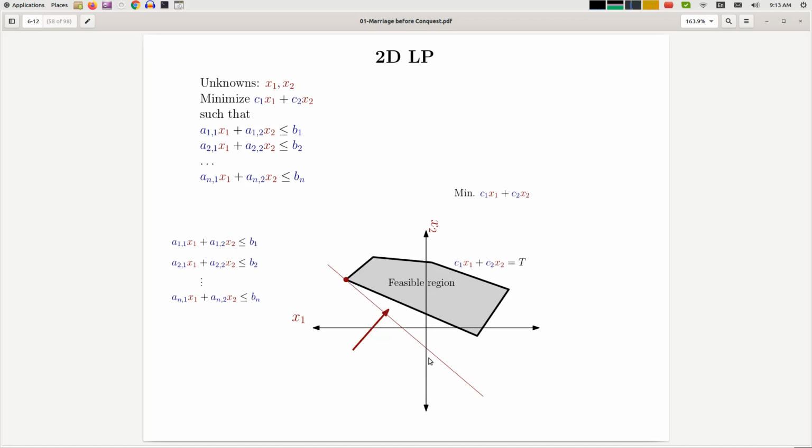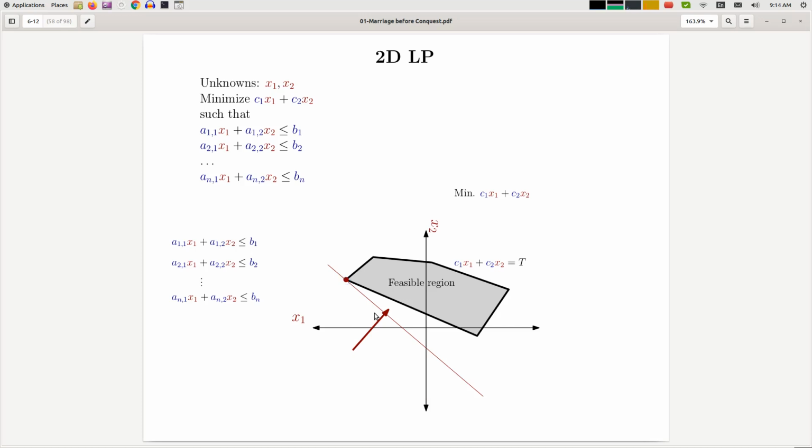And essentially it is the first point of the feasible region that is hit by a line moving along a direction. So you draw this line and then you move it along this direction, and the first point of the feasible region that you hit is going to be the answer that minimizes this. And the proof is actually not difficult at all.